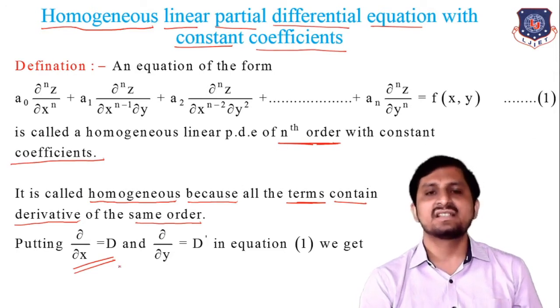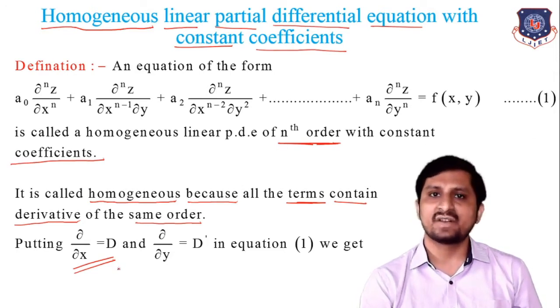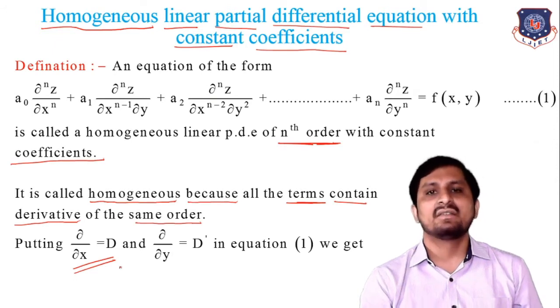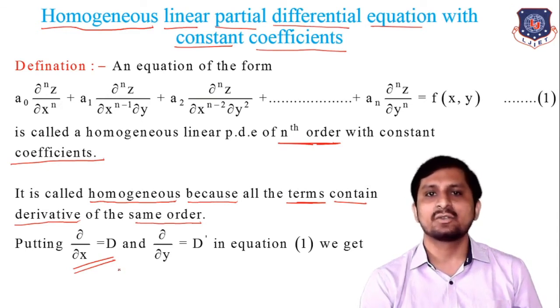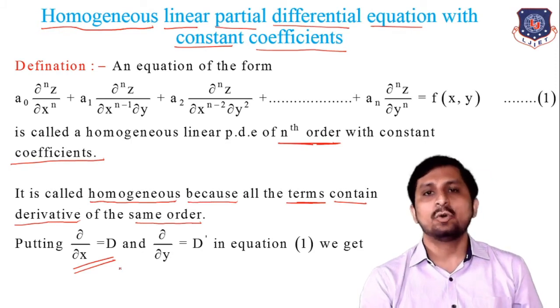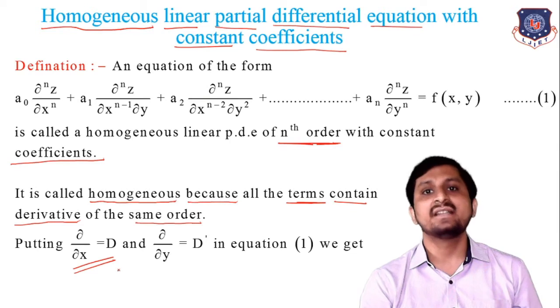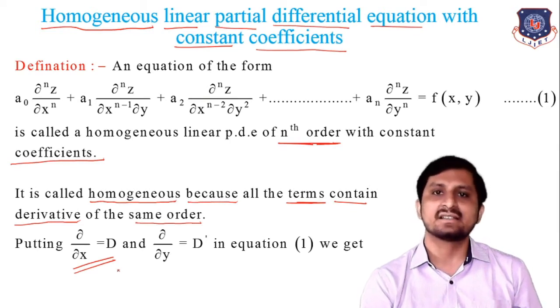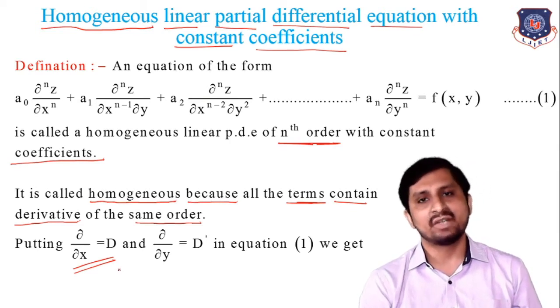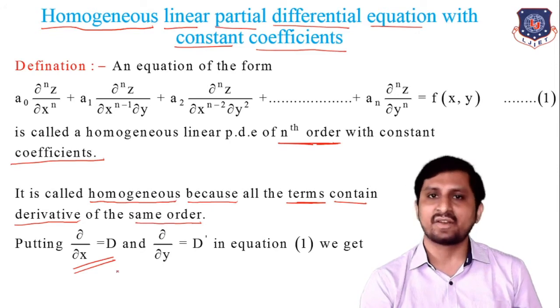You already used this type of notation in ordinary differential equation, where you use d by dx equal to capital D, d square by dx square equal to capital D square. But in that case we only have one independent variable x and y is a dependent variable, in ordinary differential equation.